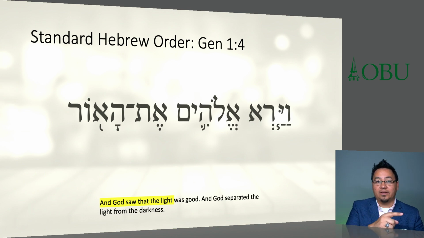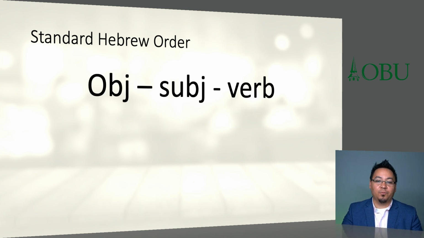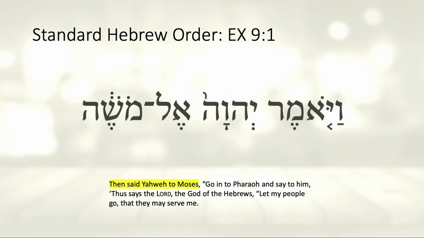Saw who or what? The direct object marker is the et. God saw who or what? He saw ha'or, the light. Okay, so we have verb, subject, direct object to follow. Another passage to consider, again with verb, subject, object following thereafter, would be Exodus 9:1. Vayomer Yahweh el Moshe.